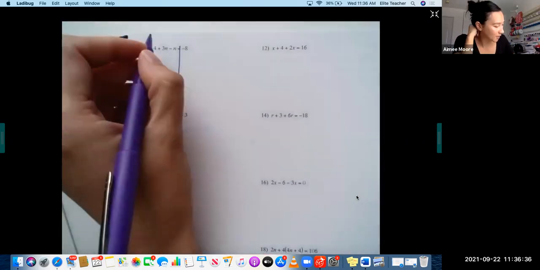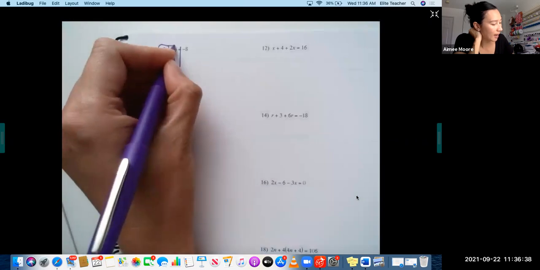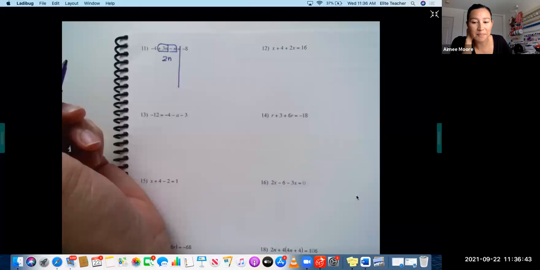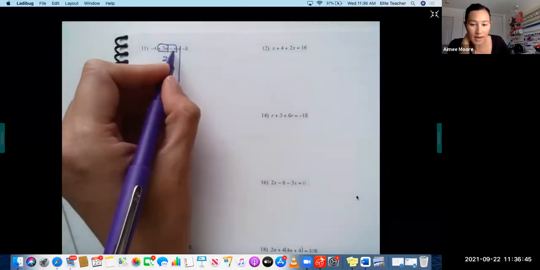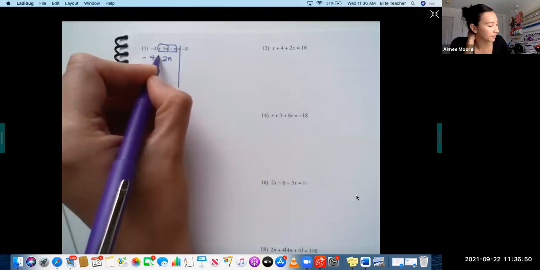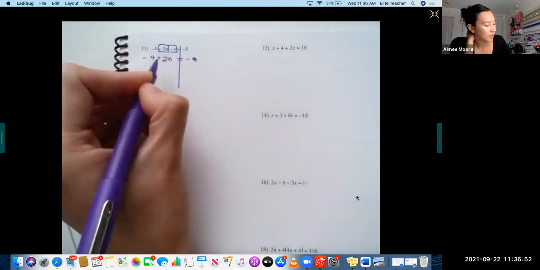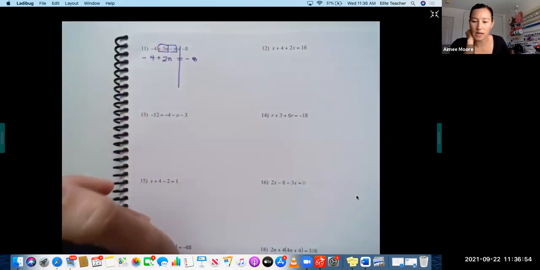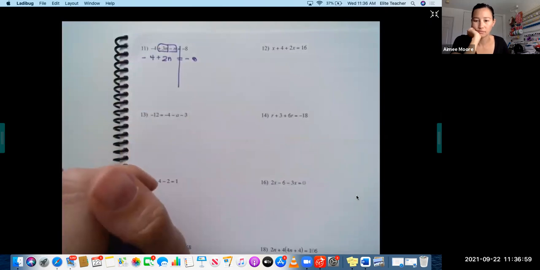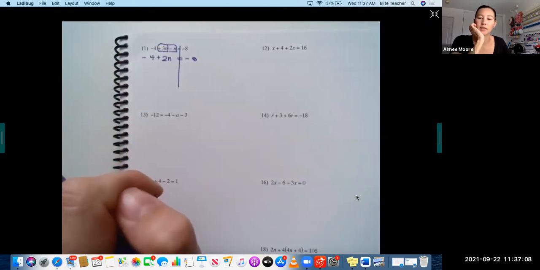Okay, I don't know what happened to Gianna. So we have 3n and negative n, which combines to 2n. Oh yeah, there's Gianna. So we combine the 3n and the negative n, which gives us 2n. Then what did you do, Gianna? So we have negative 4 plus 2n equals negative 8. So then what do we need to do next?